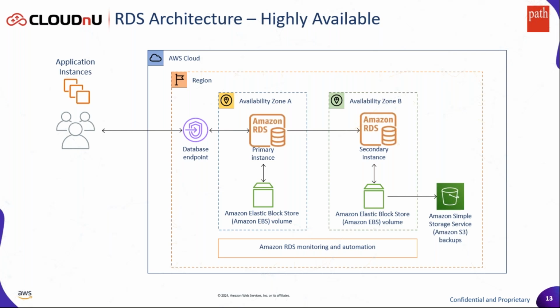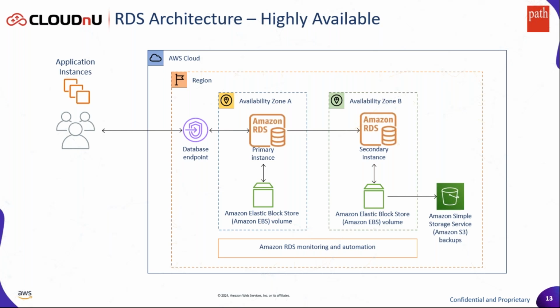So you can be rest assured that they are geographically different, and it gives you protection from any kind of natural disaster. We automatically set up the database in the secondary zone, we set up data replication, and we make sure that the databases are in sync. From an application point, you are provided with an endpoint, and that endpoint is what your application and your users will always access.